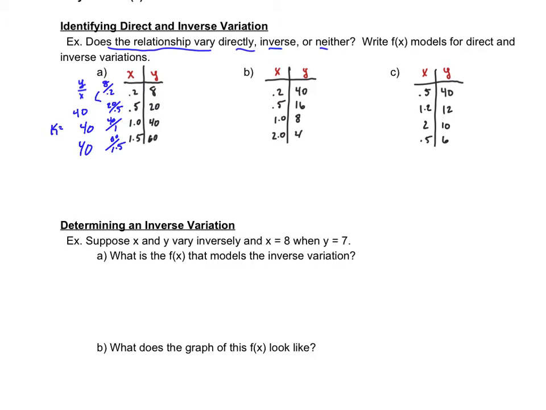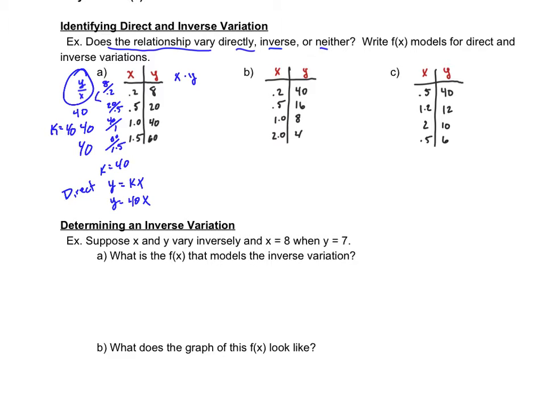So it turns out that k, my constant of variation, is 40, and everything is changing directly. Then y equals kx, so y equals 40x, and it is direct.